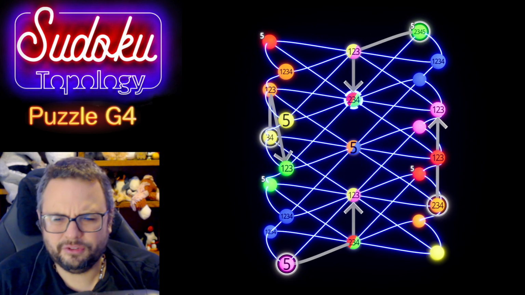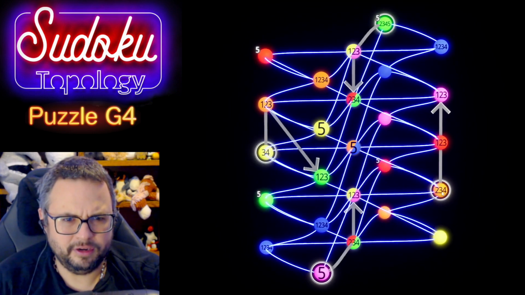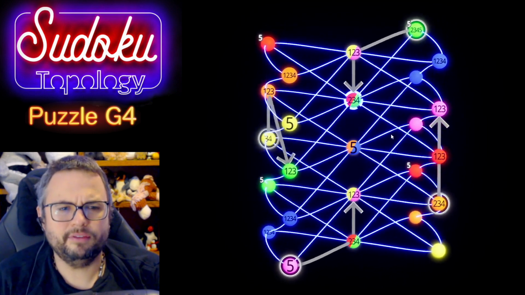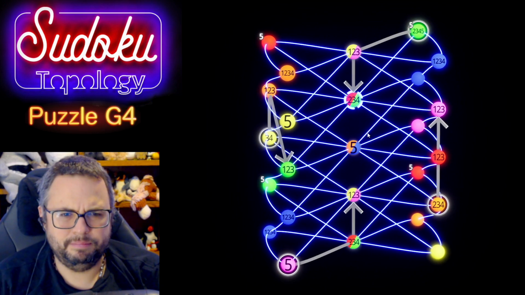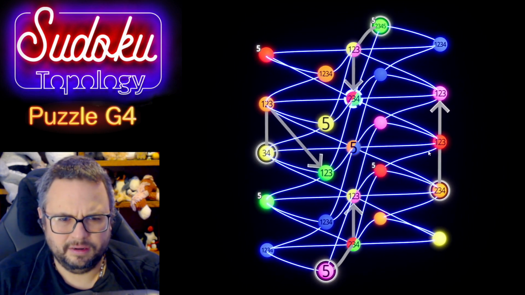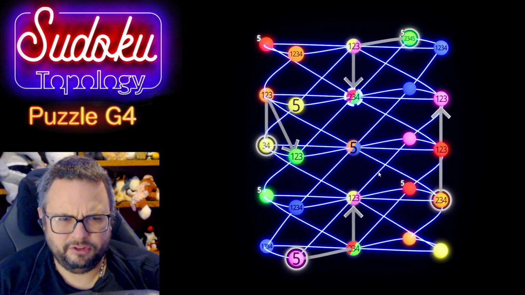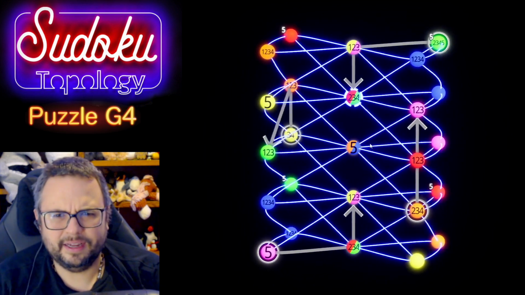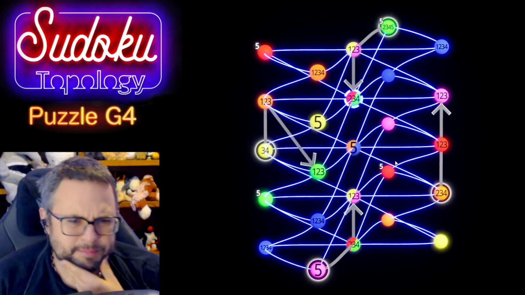Why did I conclude this couldn't be 1? Was that the last thing I did? No, I had already separately concluded that this couldn't be 1. Oh, right. If this was 1, it broke through some weird chain. Is that right? I don't remember.